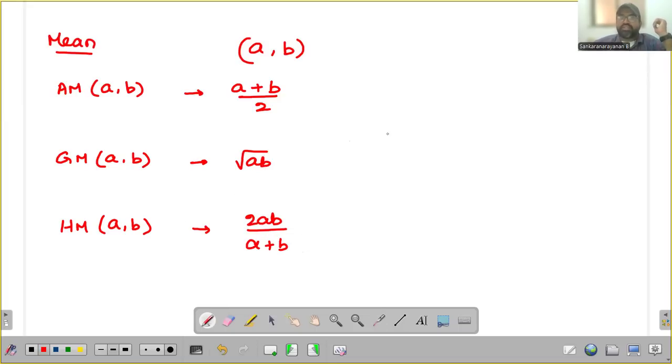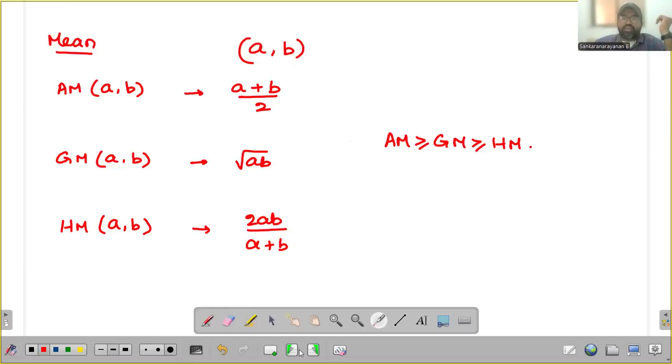And always, arithmetic mean will be greater than or equal to geometric mean, and this will be greater than or equal to harmonic mean. So this is to start with, wherein I am considering two numbers a comma b.